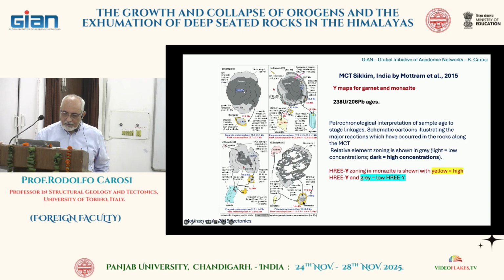So monazite during the retrograde metamorphism shows high yttrium rims in the crystals, like the ones that we observed in the Argentera Massif and so on.